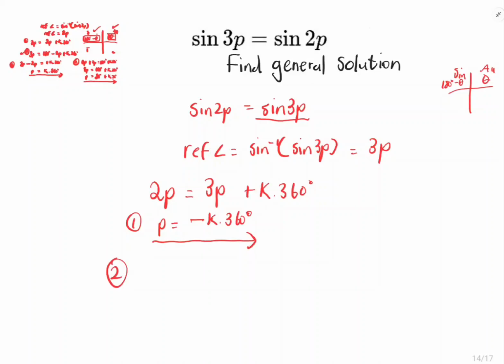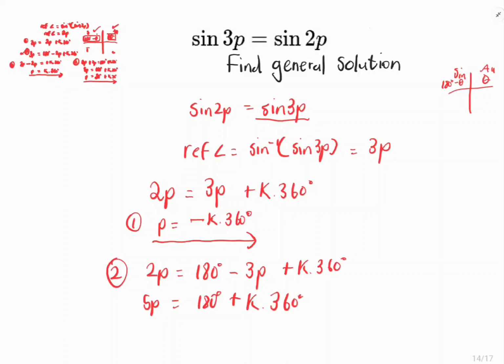Second solution would be 2p is equal to 180 degrees minus 3p plus k dot 360 degrees. Transfer it over to the other side, we're going to get 5p is equal to 180 degrees plus k dot 360 degrees, pretty much the same as the one we got there, which is 36 degrees plus k dot 72 degrees.